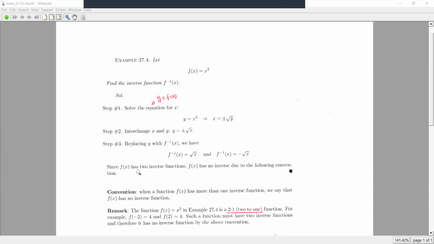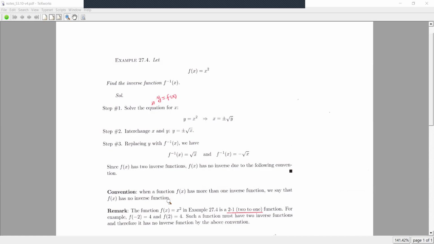Since function f has two inverse functions, function f has no inverse due to the following convention. When a function has more than one inverse function, we say that the function has no inverse function.